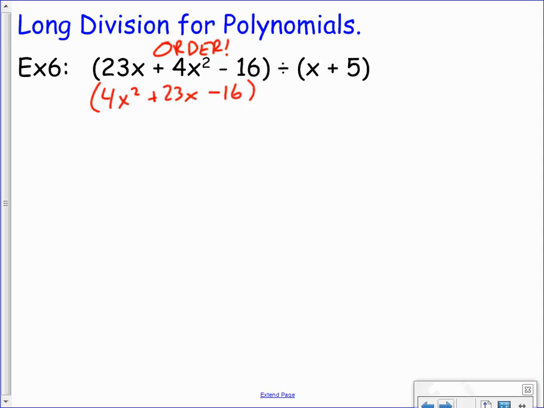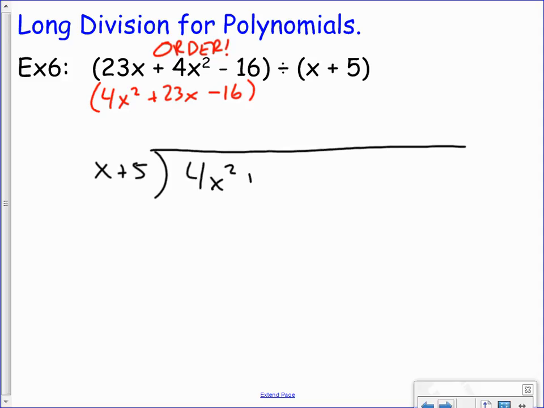Is everything filled in, all the x's from 2 to 0? X squared, x1, x0, everything is filled in. Okay. X plus 5 goes on the outside, and then x squared plus 23x minus 16.